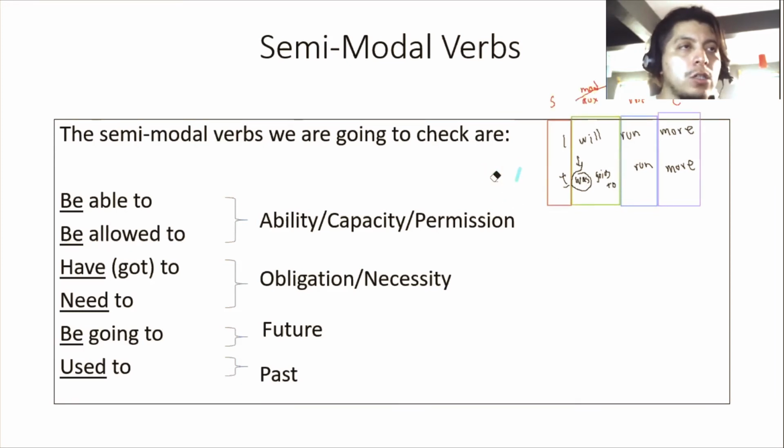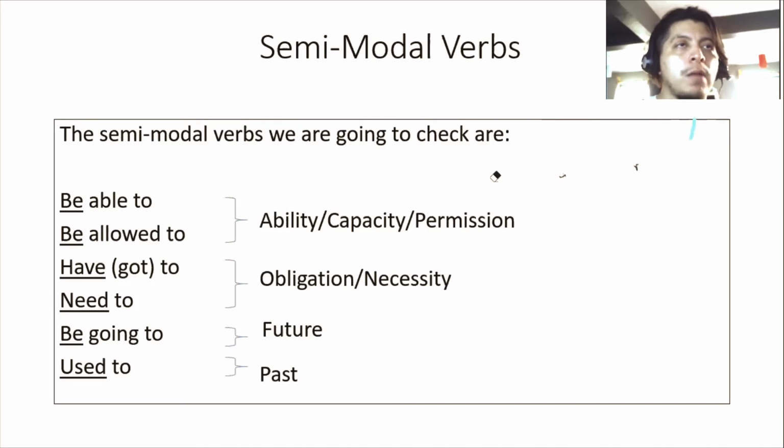And finally, just to finish with all of this, we have one more semi-modal verb that is only used for the past. In the past, we use the auxiliary did, so we say something like, I did go to school. The problem is, in affirmative statements, we never use the auxiliary, and because we don't use the auxiliary, we need to change the verb to past.